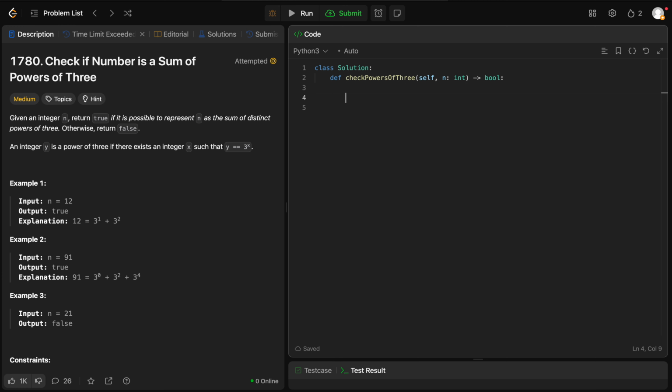So to solve this problem, we just have to divide by 3.